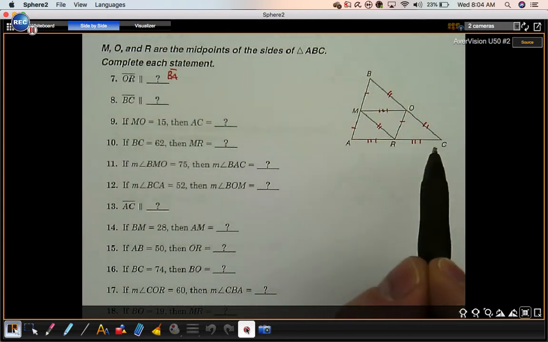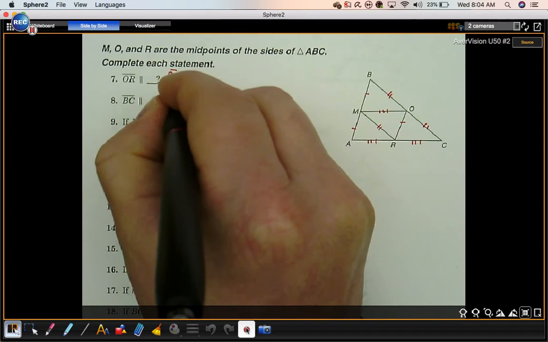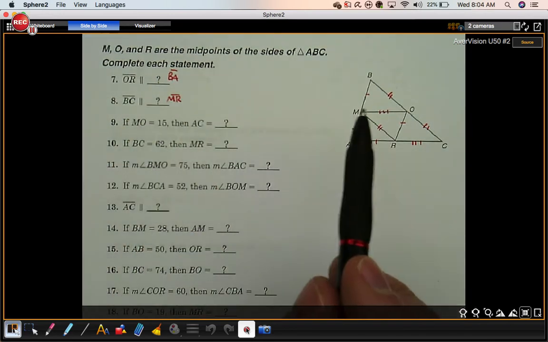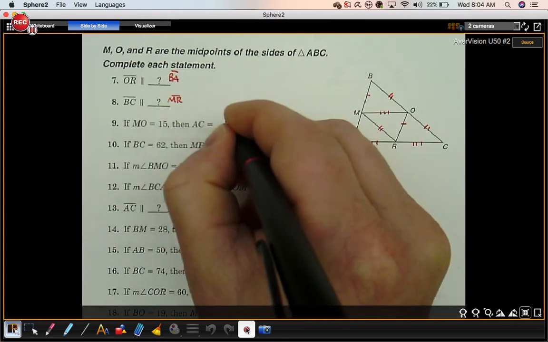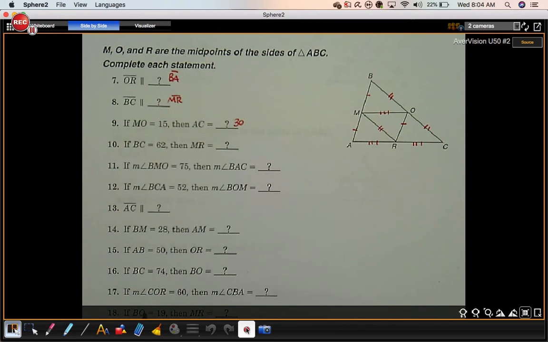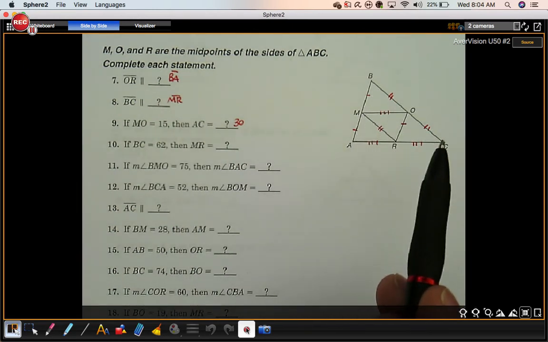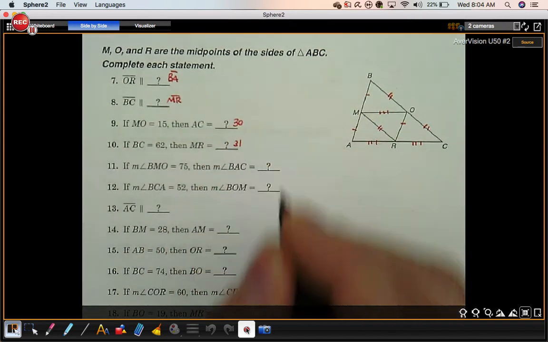Segment BC is parallel to segment MR. If M to O is 15, A to C is 30. B to C is 62. M to R would be half of that, 31.